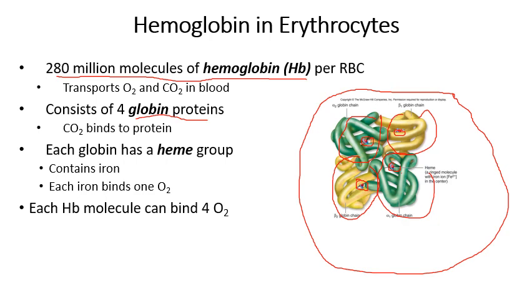There are 4 of them, so we can carry 4 molecules of O2 per hemoglobin, and we have 280 million molecules of hemoglobin throughout each red blood cell, and many millions of red blood cells, so you can see we can carry many molecules of oxygen. Here is where oxygen binds, but carbon dioxide does not bind chiefly to the site. It binds on the globulin area.